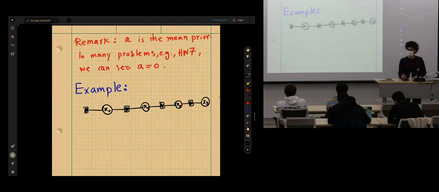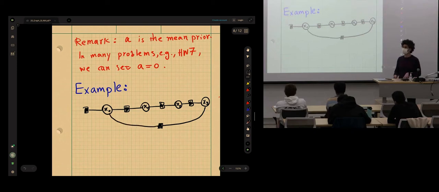And I'm going to add a loop closure that connects x3 to my initial variable. So we're dealing with a mini low-dimensional SLAM problem here.